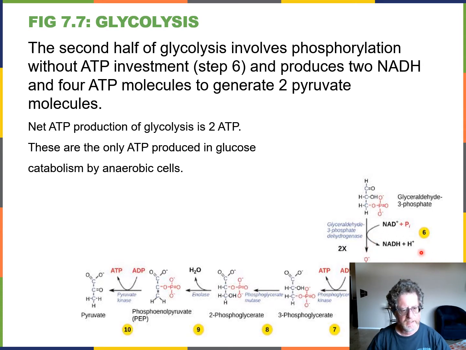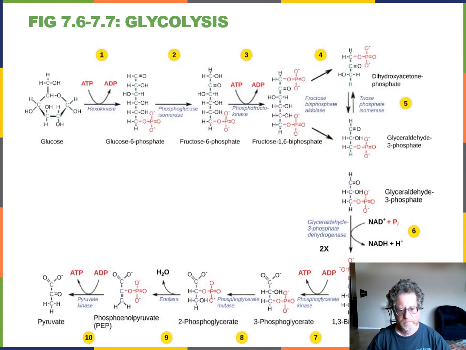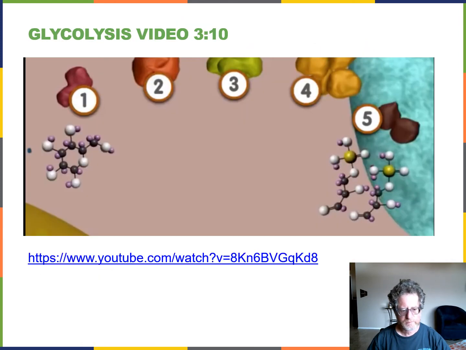Okay, so those are the high energy products you're getting from glycolysis. Okay, and this is just showing everything together. Okay, again, when you get a chance, on the downloaded PowerPoints, click on these links and you can watch the video of glycolysis.